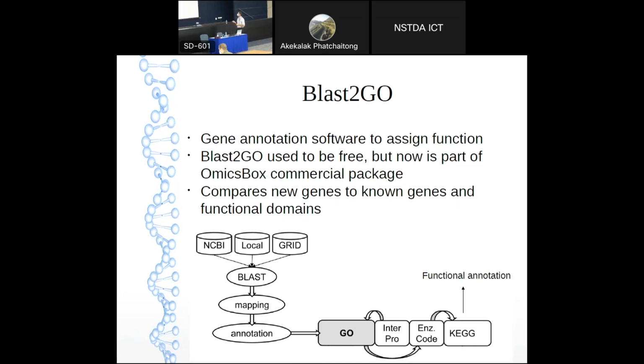So the first step is to blast and map, and then we identify the gene ontology. We use InterPro to identify any known protein domains, and then get the enzyme code, and the last step is to get its location in any of the KEGG pathways. Although depending on the species that you sequence, that tends not to give much of an output.